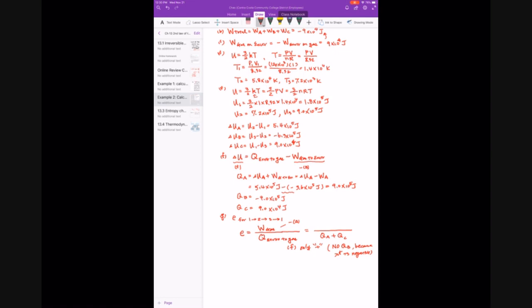The work is the total work done by the gas. So if you look at the gas, the total work done by the gas is from part C. So the total work, you use the work from the C, which is 9.0 times 10 to the fourth joule.